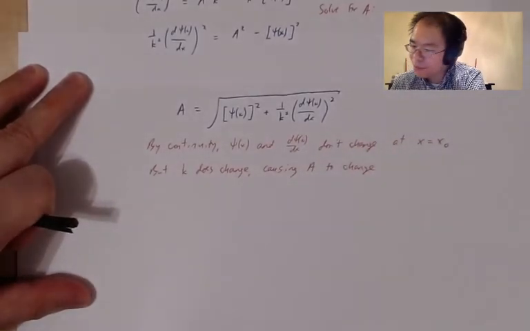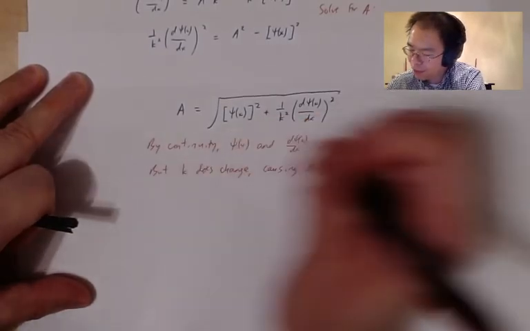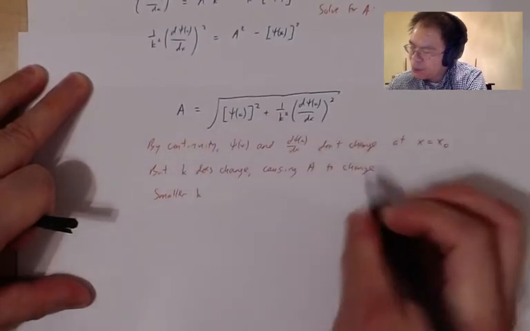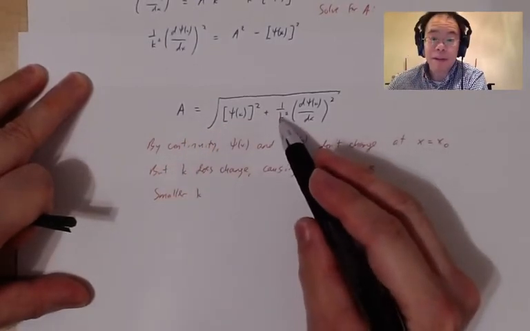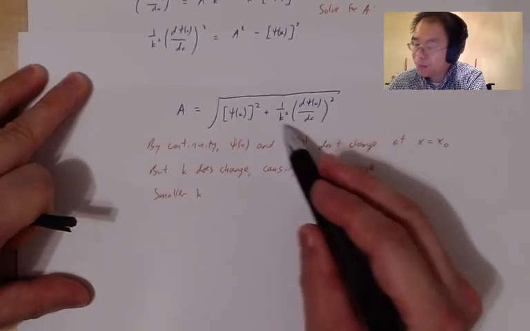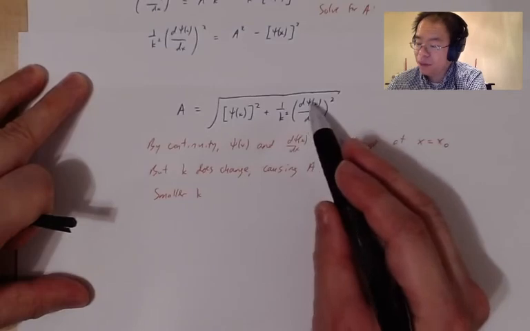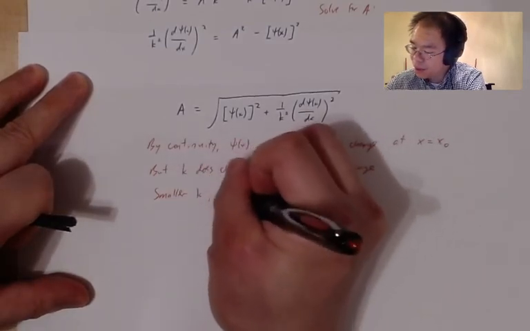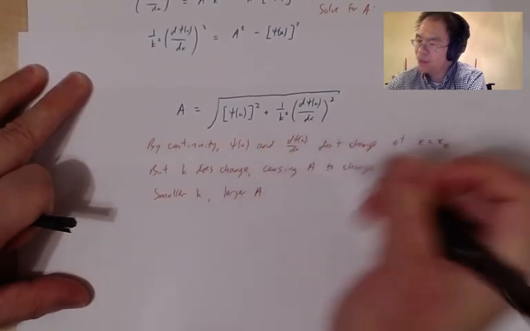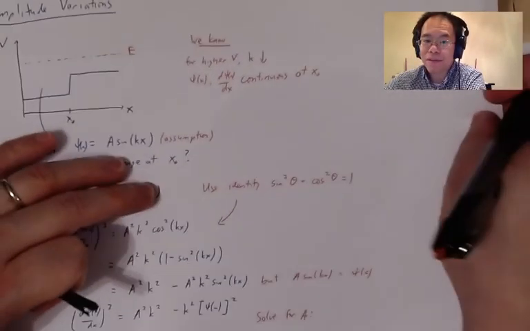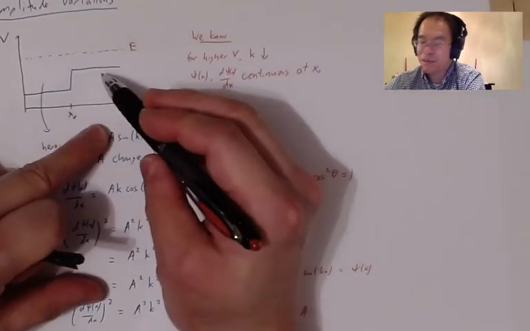And moreover, what we find is that for smaller k, as I decrease k, because it goes in the denominator here, I'm going to make the second term larger, which is going to mean my amplitude increases. And that's exactly what happens when the potential energy goes higher.